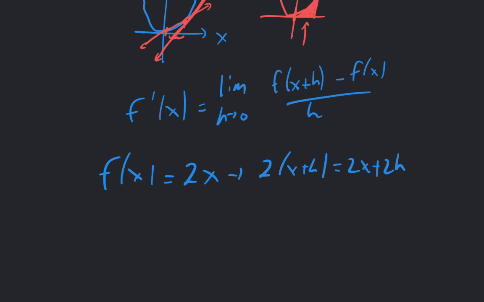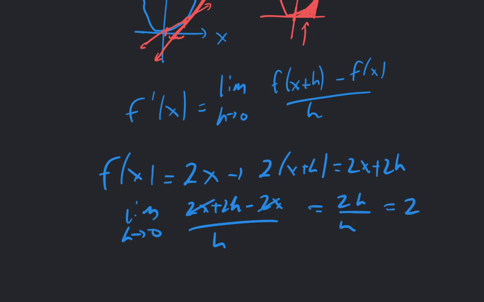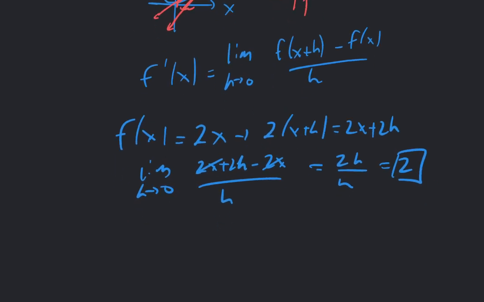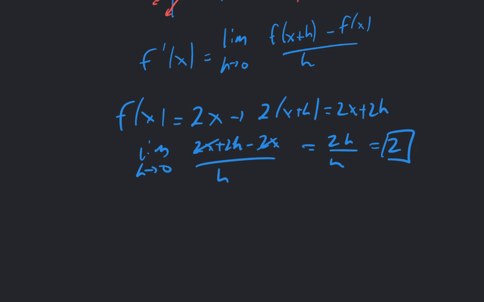Then we do the limit definition: 2x plus 2h minus 2x over h, and the 2x's cancel, so we're just left with 2h over h, which is just equal to 2, and that would be the slope of the tangent line for our 2x function.